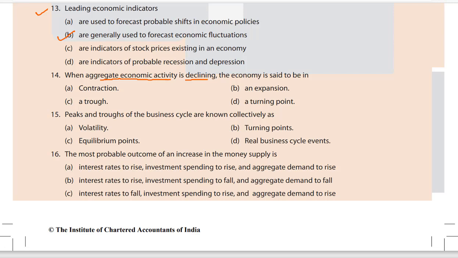Aggregate economic activity is declining, so it is contraction. 14A, contraction.